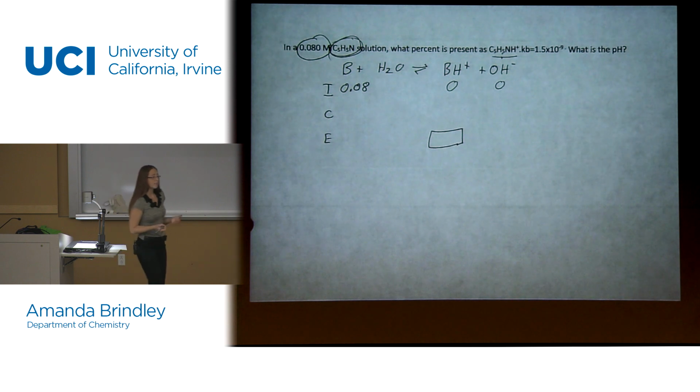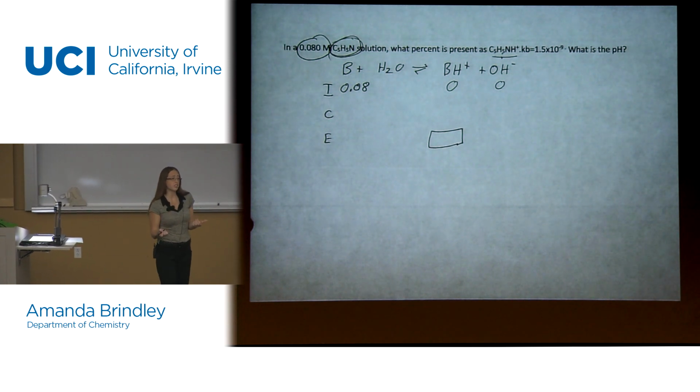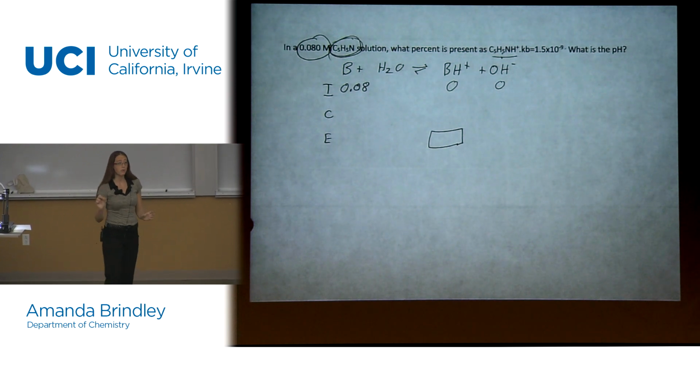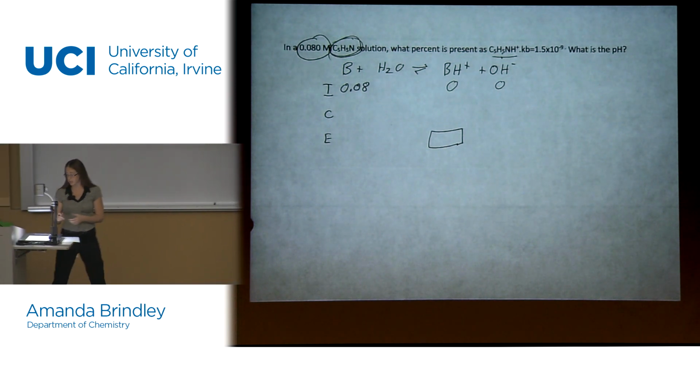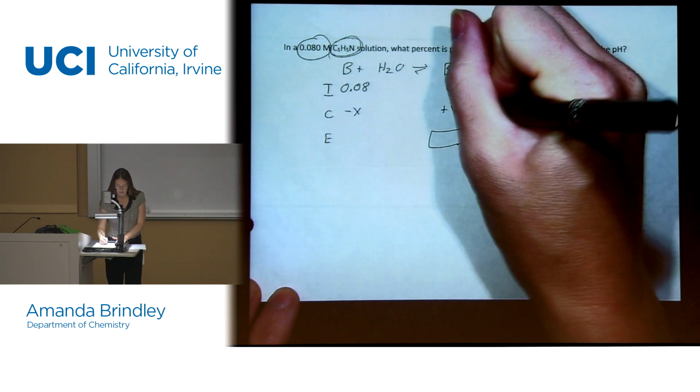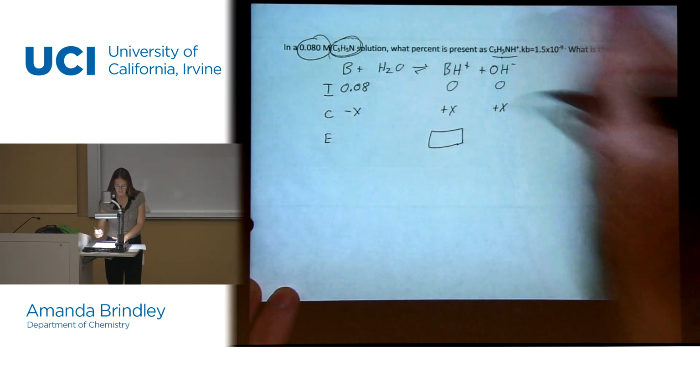Whenever you're given the Kb, you can look and say, well, I can probably put a variable in there that I don't know and be okay. So that's what we're going to do. We're going to fill in minus x, plus x, plus x.